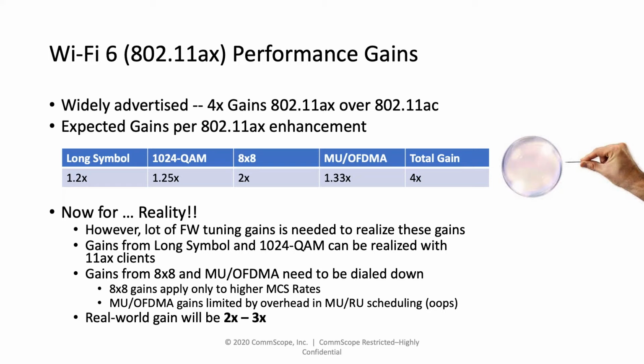Yeah, I think it'll be 2 to 3 times faster in the real world. Absolutely, for sure. And if you can use that airtime more efficiently, and you can use things like BSS coloring to ignore your neighbor's networks and just worry about your network, I think you'll get some substantial gains that the user will actually appreciate.